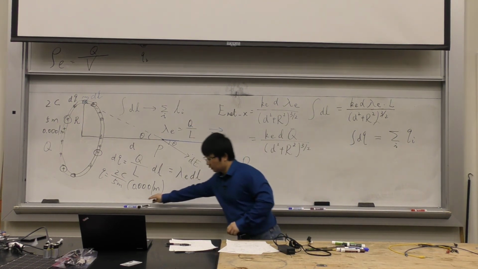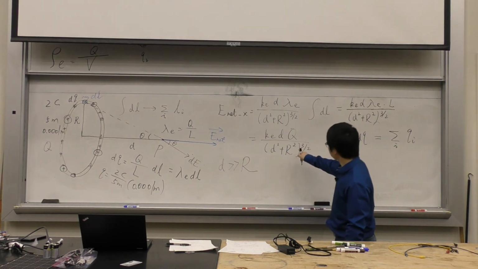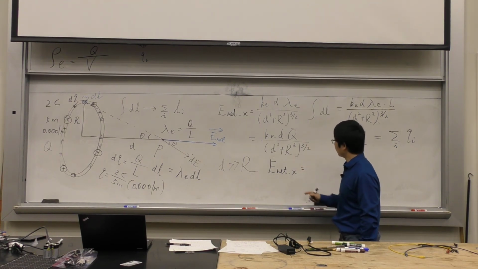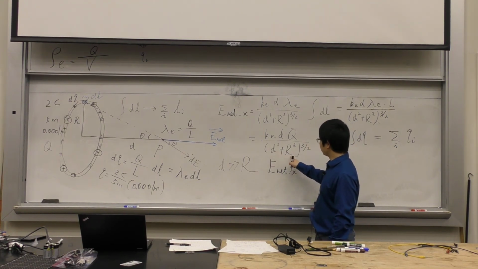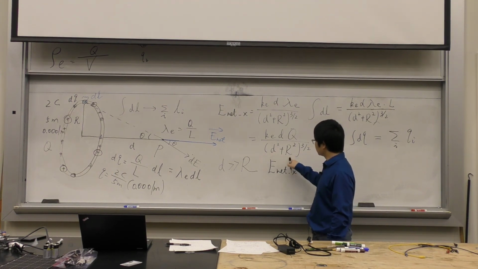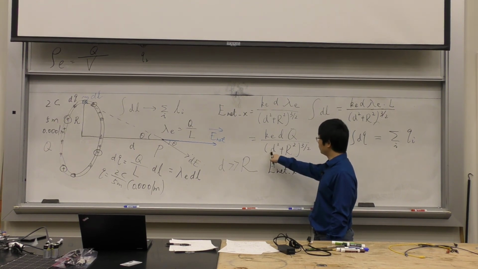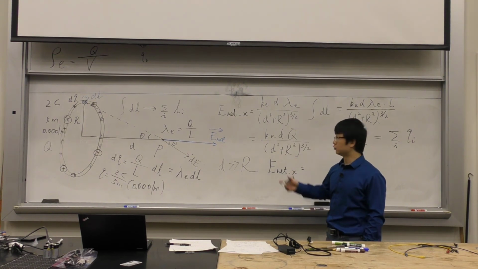Now let's take a look at this equation. The electric field in the x component is going to become, okay, little d is much bigger than this big R, so when you add these two guys together, this is negligible. You don't need to worry about that. You add 1,000 squared plus 1 squared, you don't need to worry about that.